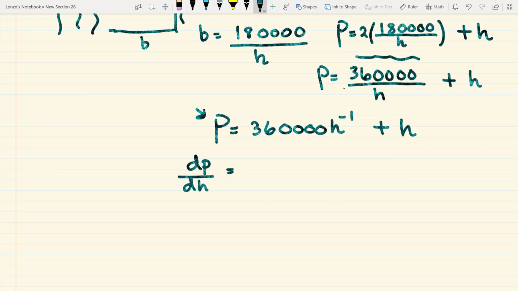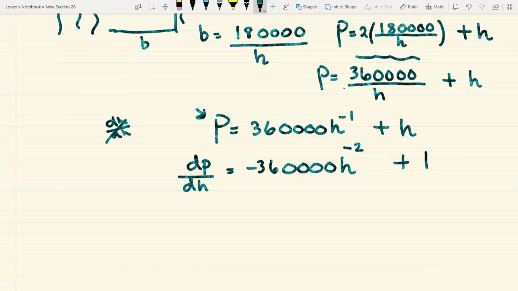So -1 times that is -360,000, and then h to the -1, so that would be -2. And you don't have to put dh over dh because that just becomes 1. The same thing here, what's the derivative of h? It's just 1. Okay.